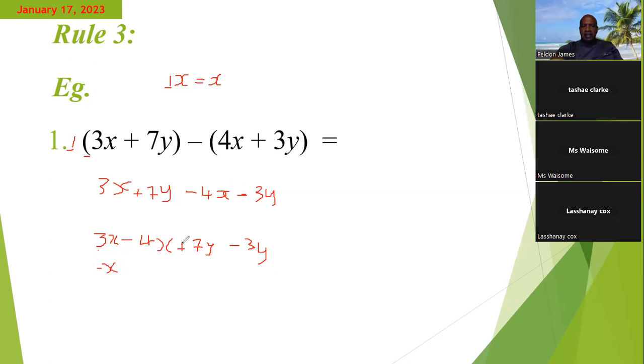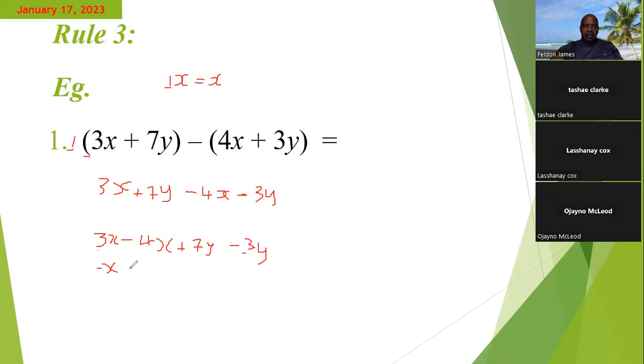All right. So now for the y's, we would take away the 3 from the 7, and 3 from 7 will give you what? Four. What would you get? Positive or -4? Positive.